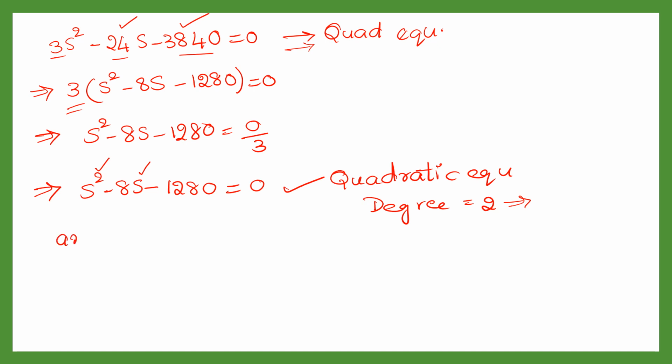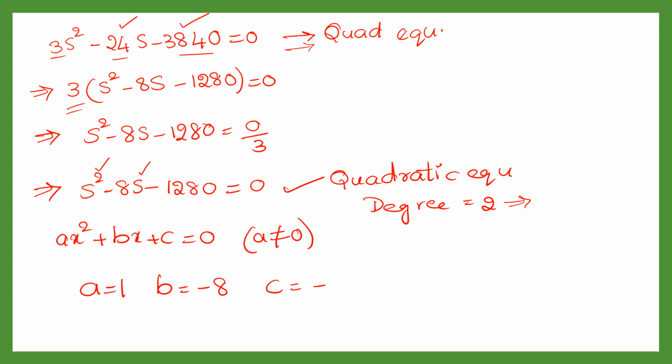You compare with ax square plus bx plus c is equal to 0, which is a general form of quadratic equation. The condition is a should not be equal to 0. Then you get what? a is equal to 1, b is equal to minus 8, c is equal to minus 1280. So you got a is equal to 1, which is not equal to 0. It is in the form of quadratic equation.